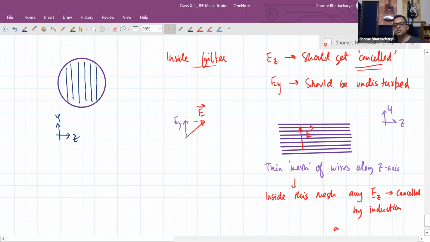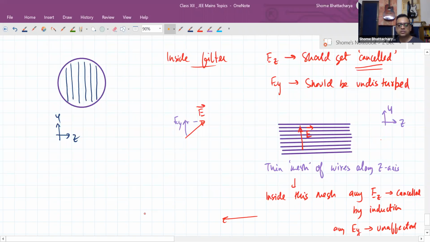Okay, but any y component of field is unaffected, because there cannot be any redistribution of electrons along the y-axis. Okay, so this mesh will act like a Polaroid whose axis of polarization is actually the y-axis.